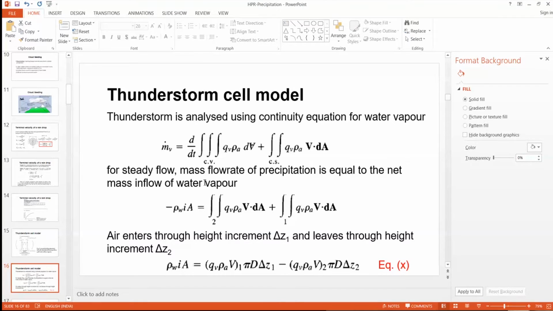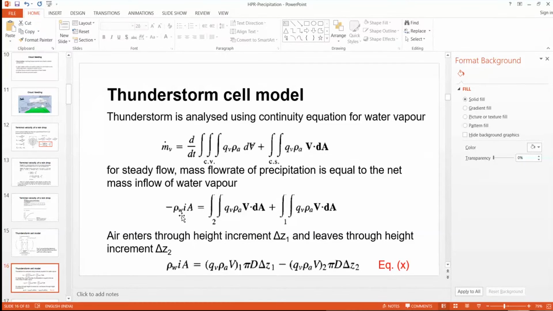Because moisture is coming into the control volume, then it's condensing, and whatever moisture it has becomes rain, and dry air is going out from there. The air leaving the control volume has little moisture content. So the net inflow of water vapor is equal to the amount of rainfall.